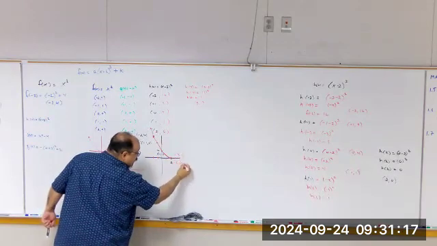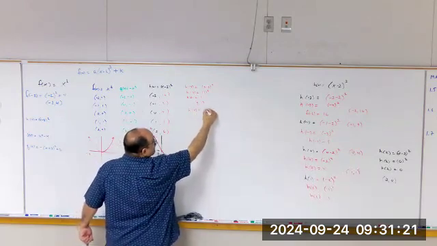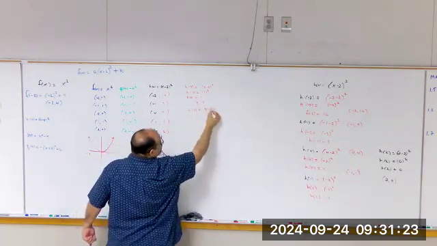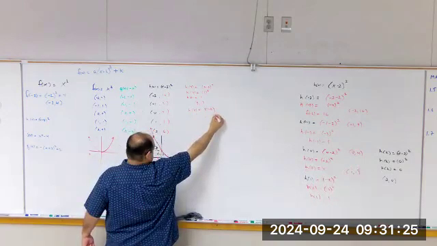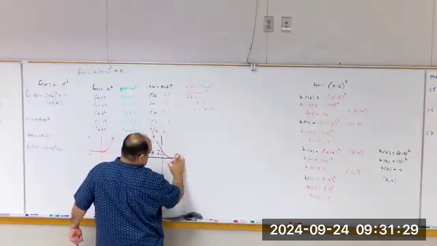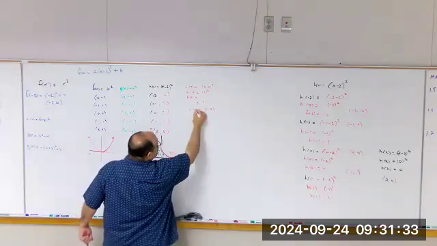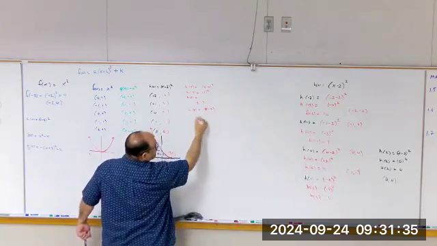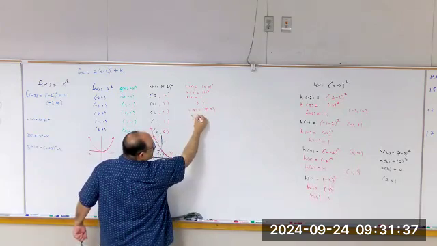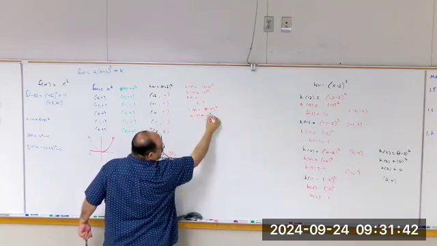When you plug in 4, 4 minus 2 squared is just 2 squared.